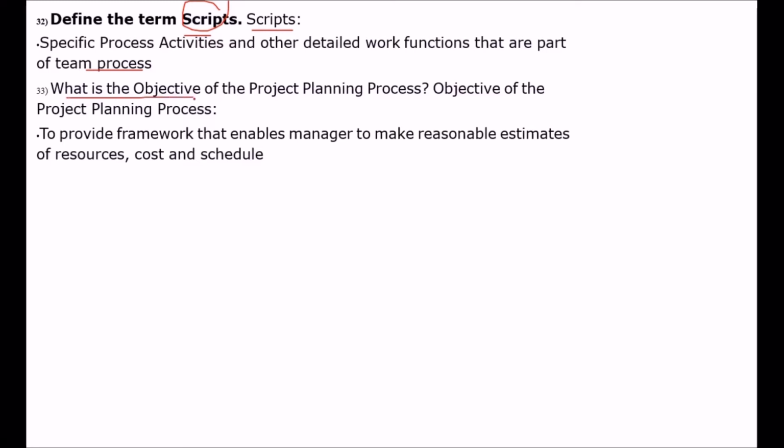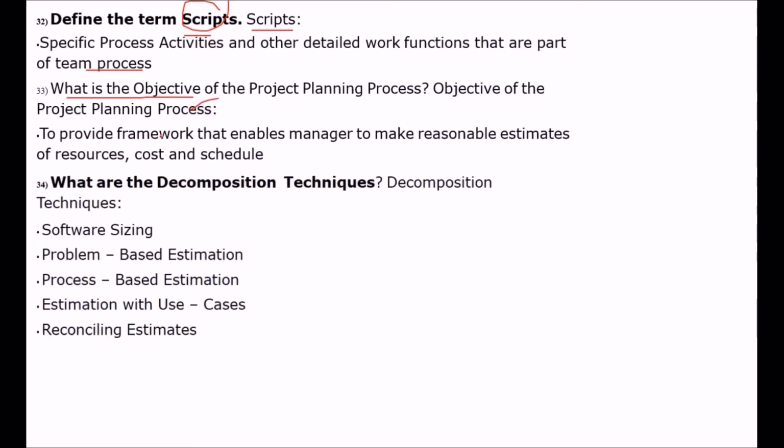Now, what is the objective of the project planning process? Why do you want to plan the process? Why is the project planning process required? The objective of the project planning process is simple: to provide a framework that enables the manager to make reasonable estimates of resources, cost and schedule.